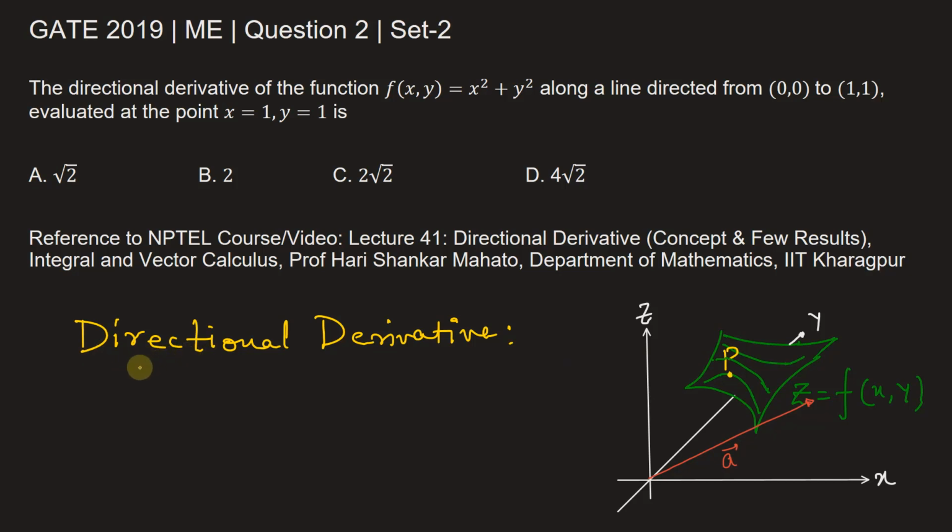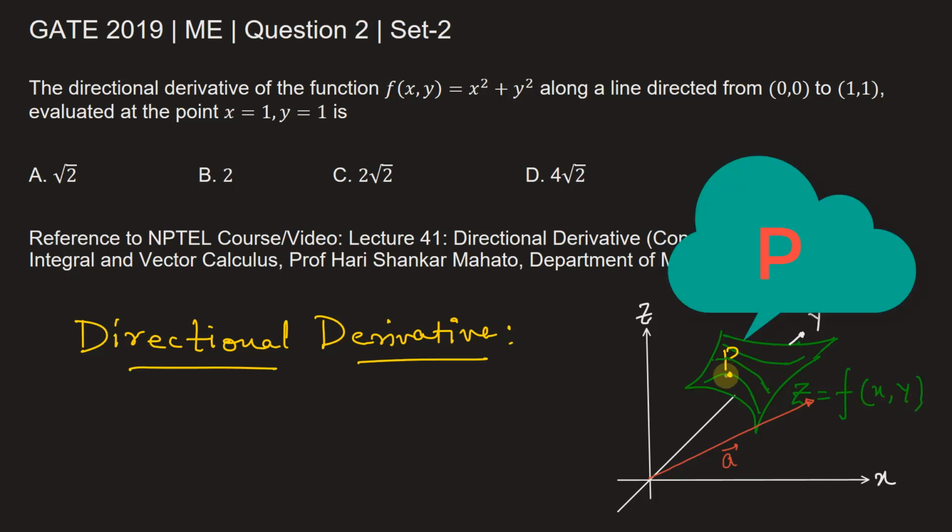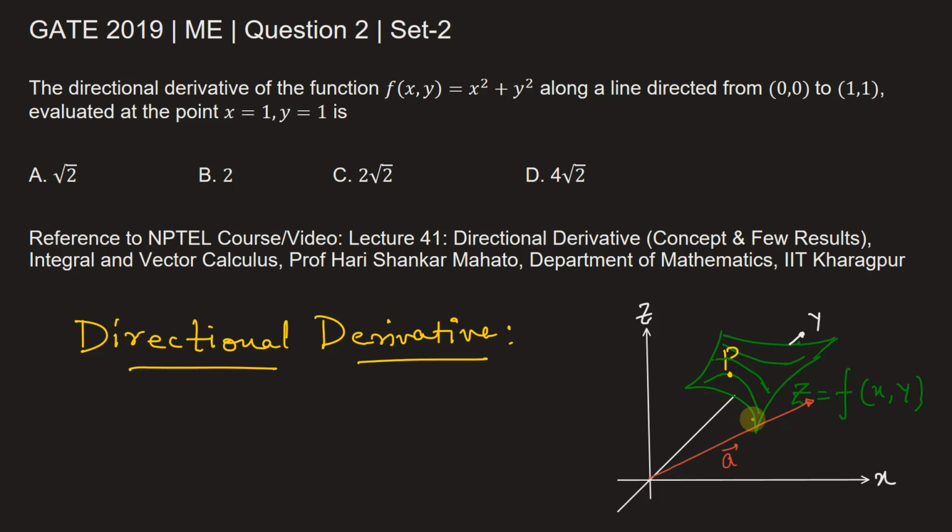Now the concept of directional derivative simply means the slope of this function f of x comma y when you are standing at this point and facing the direction given by this a vector. That is the geometrical meaning of the directional derivative of a function f of x comma y in the direction of a vector.